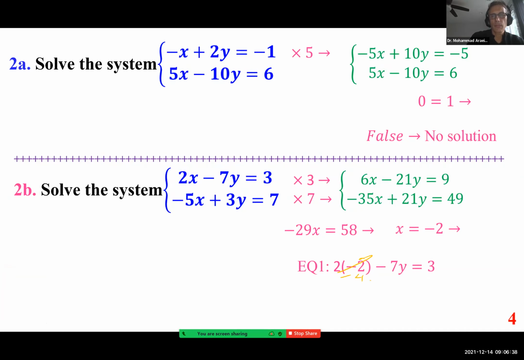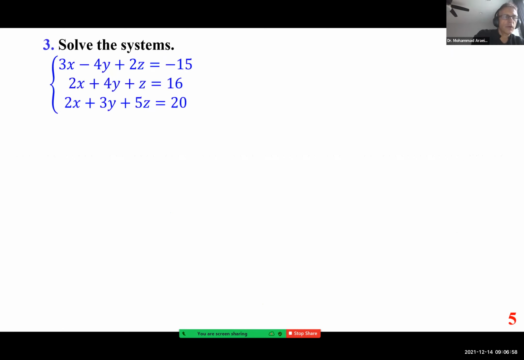Negative 4 moves to the other side, positive 4 becomes 7 divided by negative 7. Y becomes negative 1, and that's your final answer.